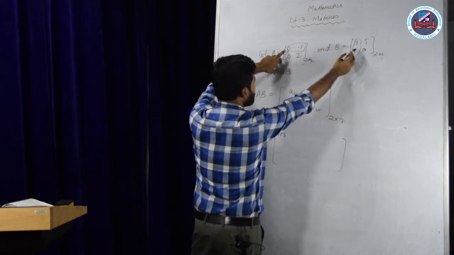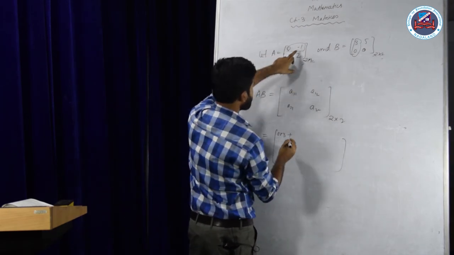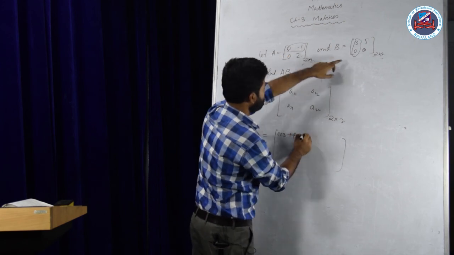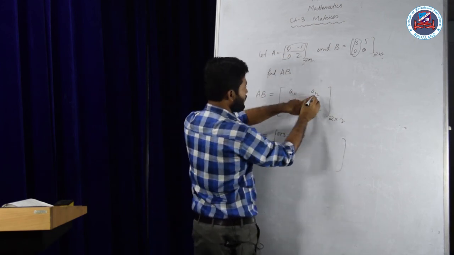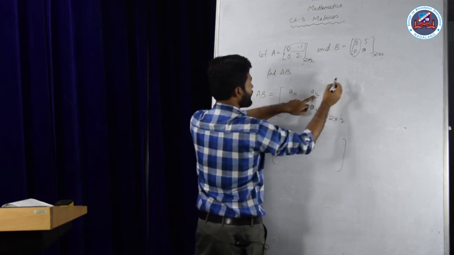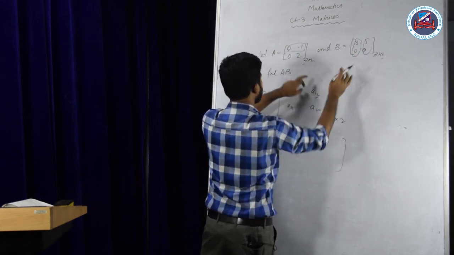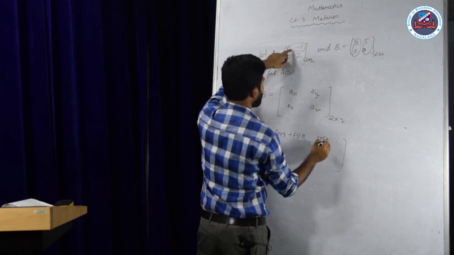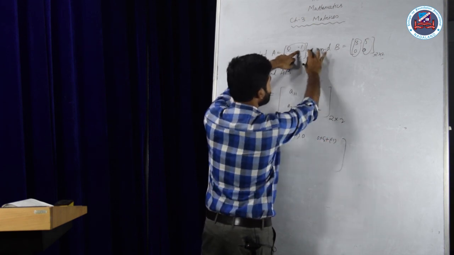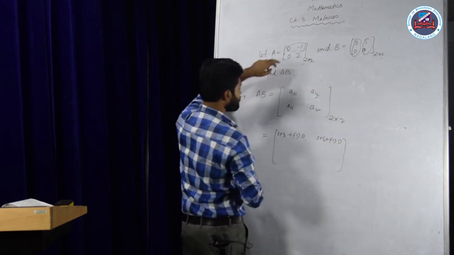So it will be 0 into 3 plus minus 1 into 0. So this gives us the first element. Now for this we have first row, second column. So 0 into 5 plus minus 1 into 0.